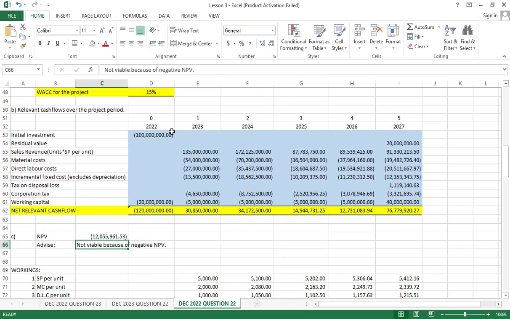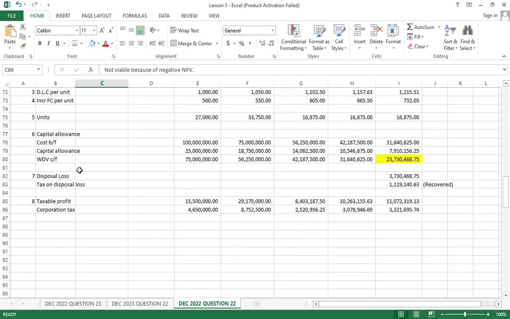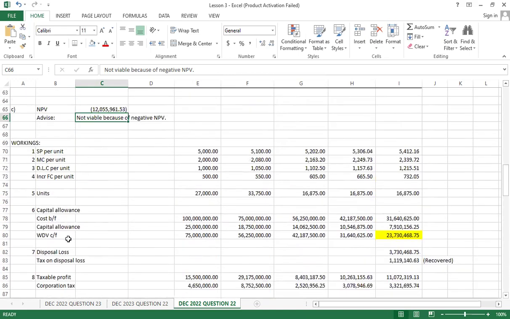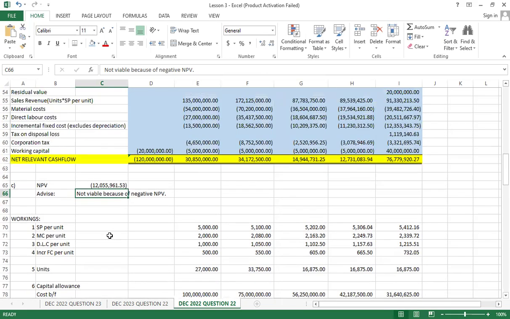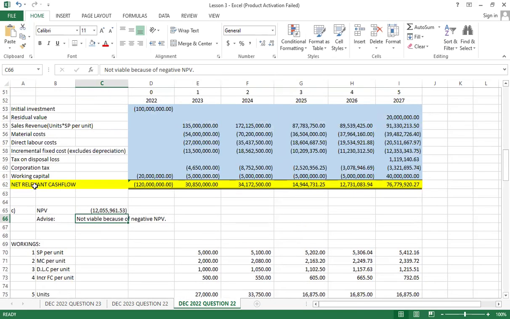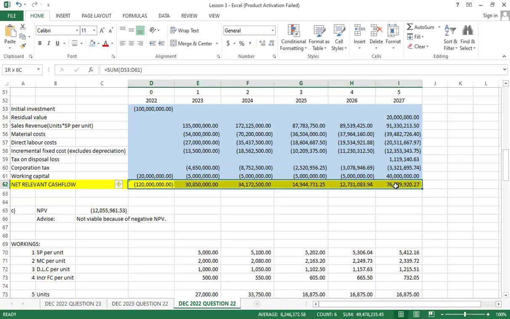Okay, so if that is the case, then that will mark the end of that discussion on this particular question. The reason I've done this question is to show you that not always will a question summarize such a cash flow for you, and then your work is just to compute NPV.